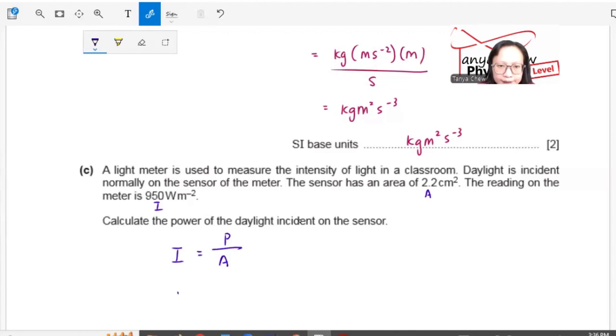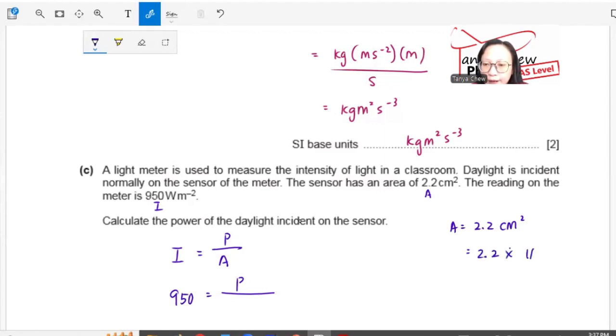Now, I is 950. I have to find the power. The area is 2.2 cm square. How are you going to change it to meter square? I memorize the prefixes. C is one of the prefixes which carries the power of 10 to the power of -2. But this is cm square, so you have to square the c.